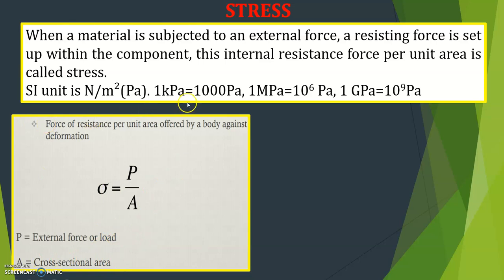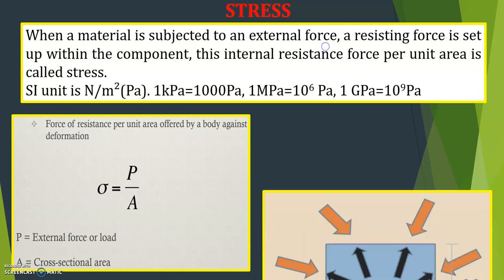The SI unit of stress is Newton per meter square or Pascal. 1 kilopascal is equal to 1000 Pascal, means 10 raised to 3 Pascal. 1 megapascal, 1 MPa, is equal to 10 raised to 6 Pascal. 1 gigapascal, 1 GPa, is equal to 10 raised to 9 Pascal.